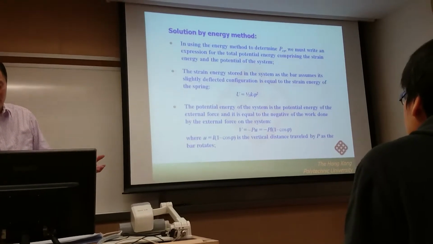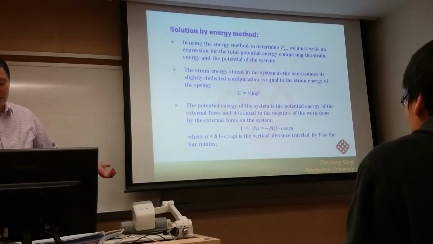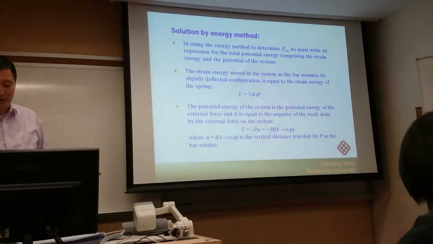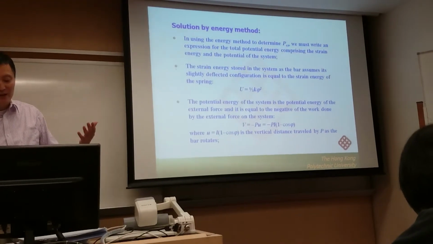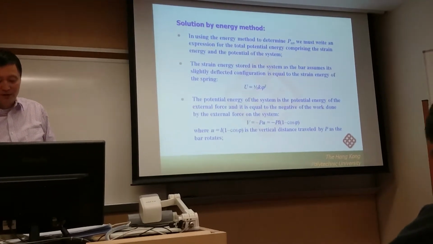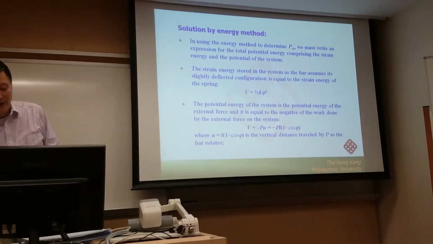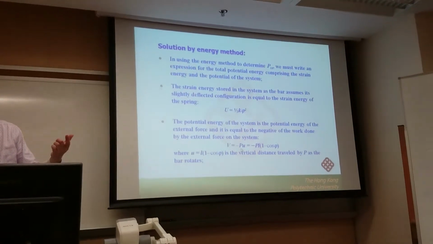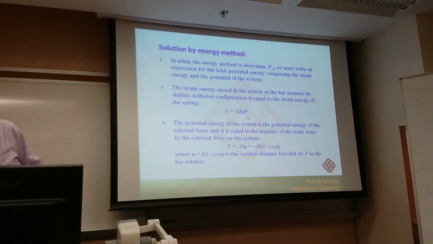When this force is tension force, it is in the opposite direction of U, so it becomes positive. When the force is a compression force, it is always negative. Please understand from a different point of view. If the force is a tension force, the potential due to the applied force is always positive, and the strain energy is always positive.